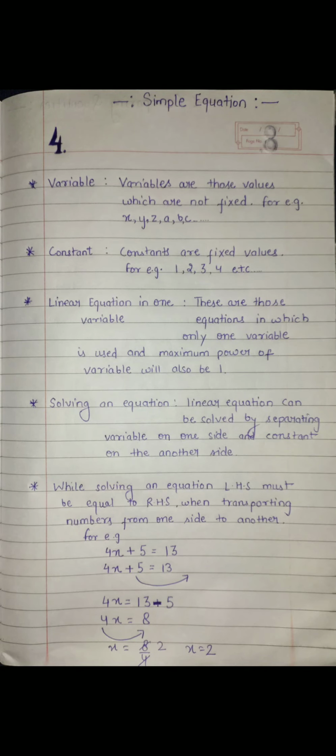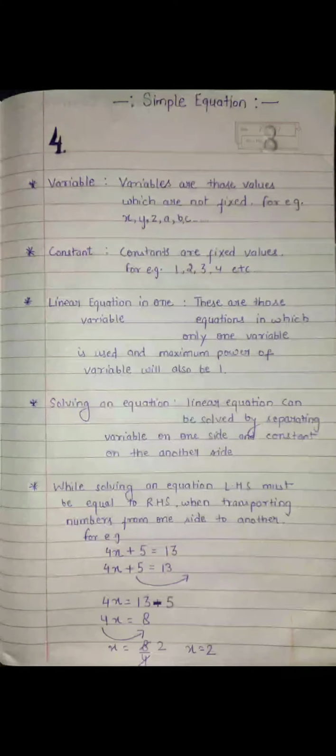A negative term or a negative number will become a positive number. A term that is multiplied with the variable will go to the other side for dividing, and if it is dividing that particular variable, then it will go to the other side as multiply.